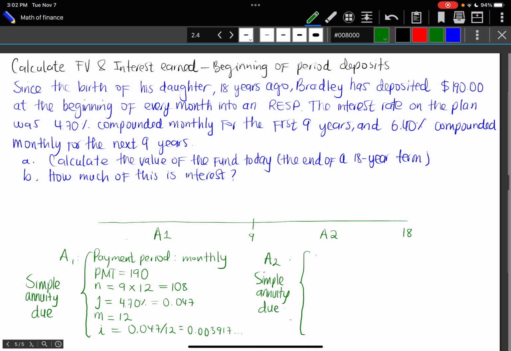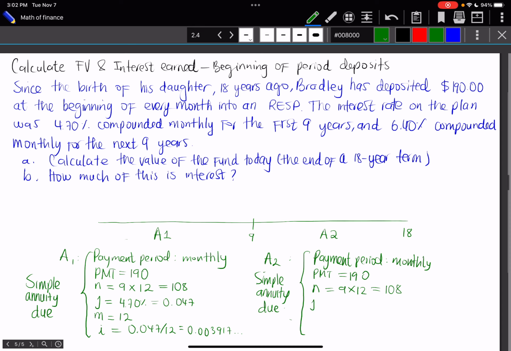For the second annuity, the payment period is still monthly. The amount of the periodic payment is still $190. The total number of payments during the term of the annuity is still 108, because during the 9 years, every year 12 payments are made, so we have 108 payments in total.